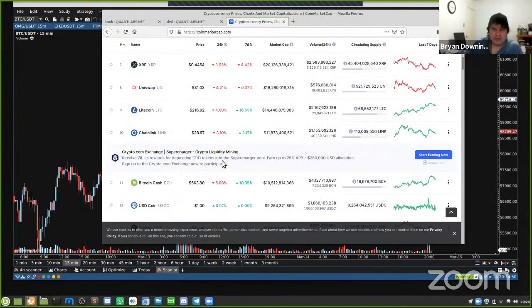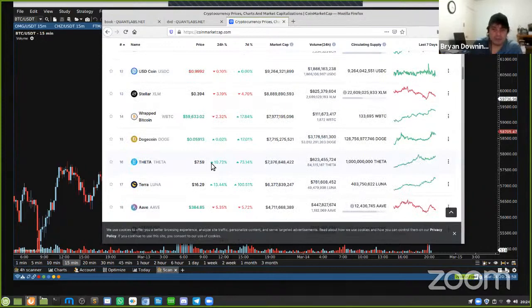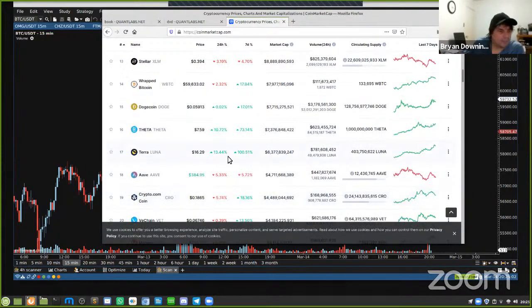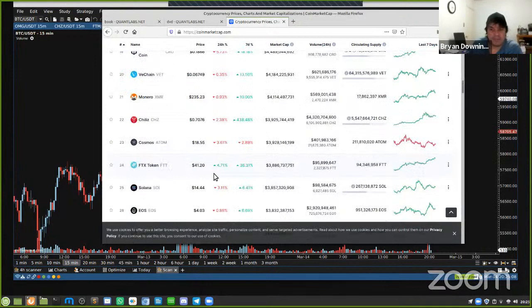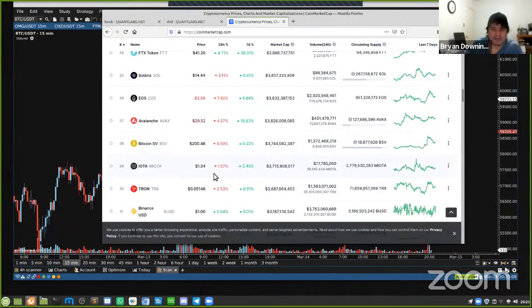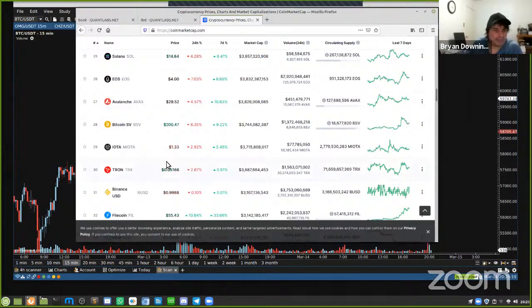We have here USDC, again another stable coin. Dogecoin hasn't moved, but Theta, I showed you Theta earlier, that one did really well. Luna, I've not seen at all. I don't think it's on Binance. What else has been performing? The other one's FTT, which I've not seen either. Everything else has been sort of negative.